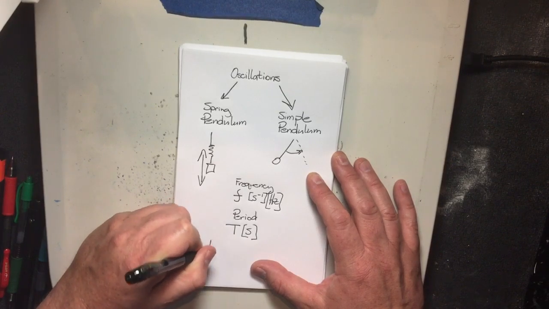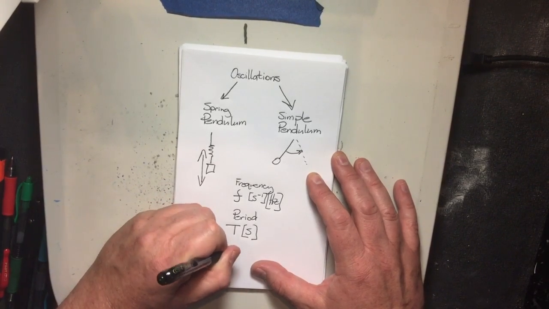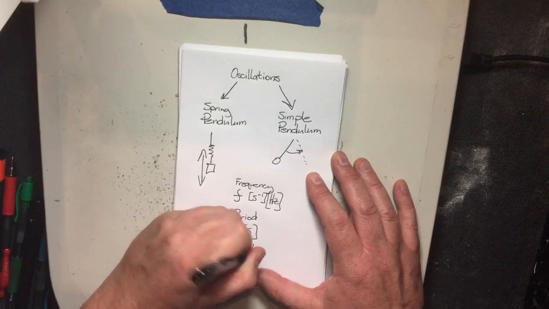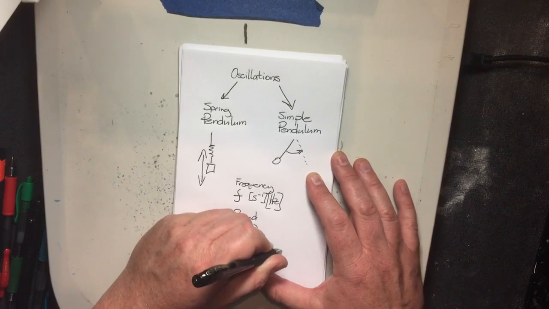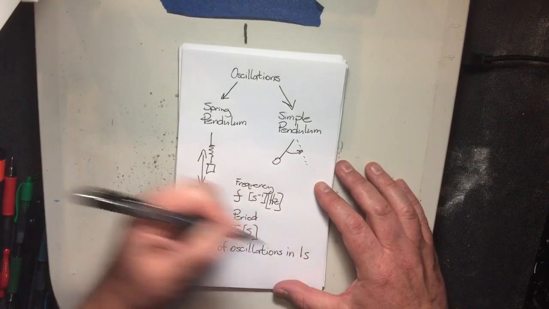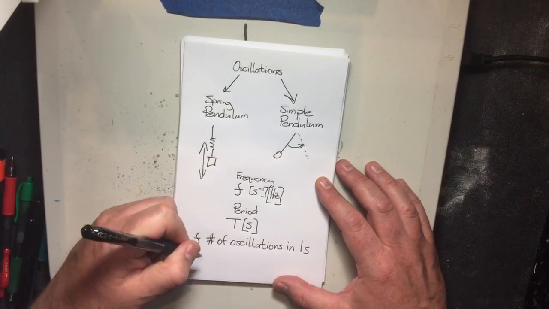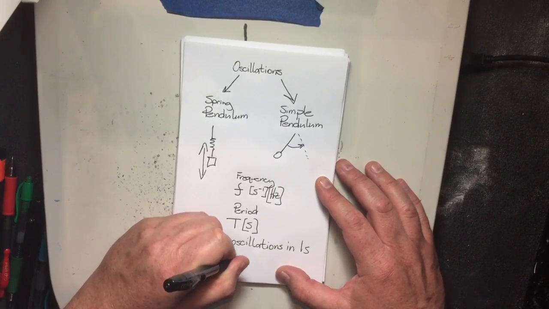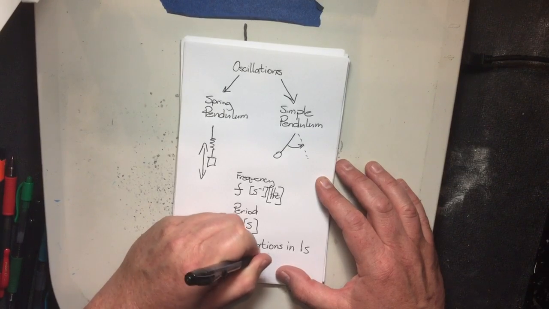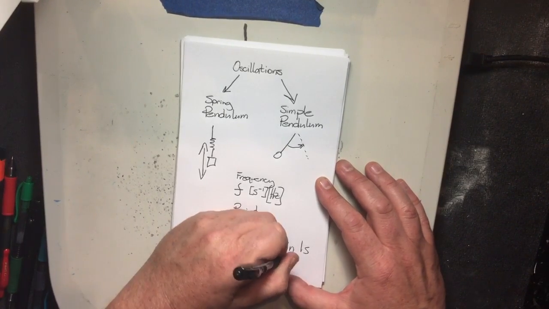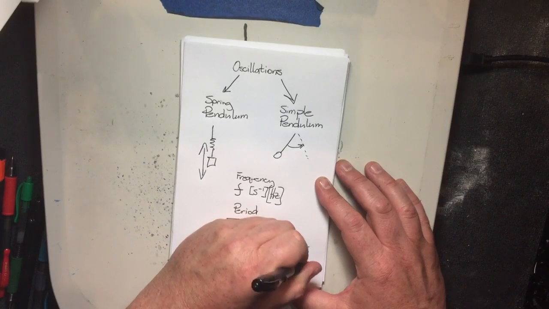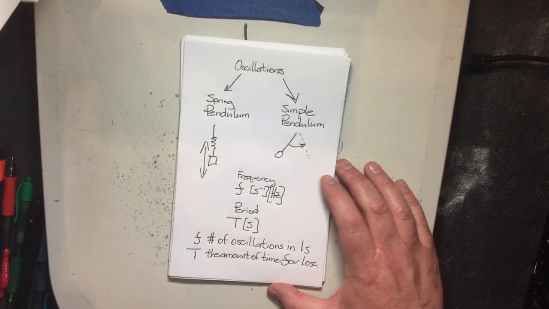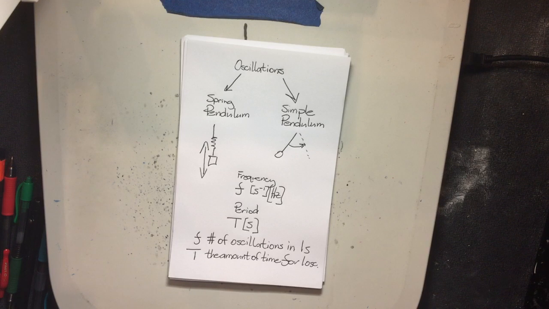Frequency is the number of oscillations in 1 second. The period is the amount of time for one oscillation. I'll shorten it to OSC, because I'm not fond of writing.